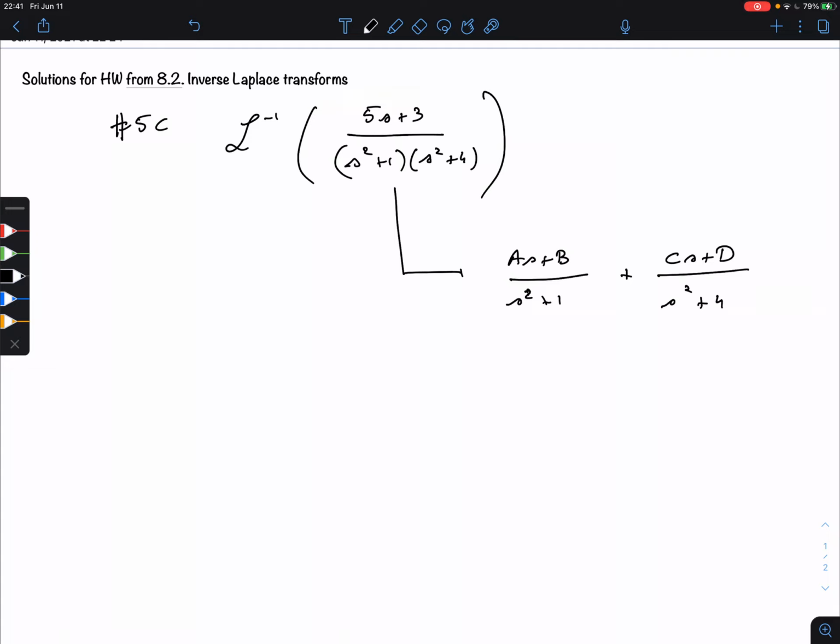We will have a system of linear equations, 4 equations involving A, B, C, and D. You can only solve that using methods from linear algebra, which I am not assuming everybody knows, and it would still be quite a lot of work even if you know how to do it. So that method is out of reach, too much work.